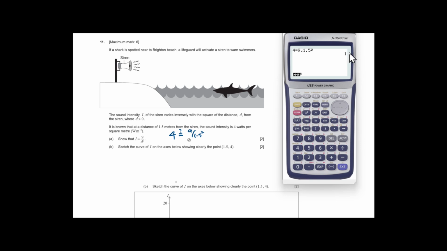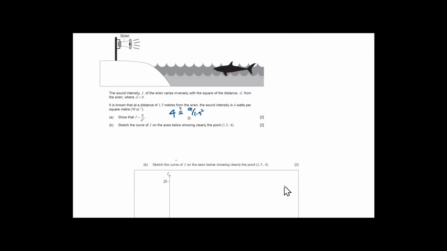If we got an answer of 0, it would mean it's false. So let's try 4.2 equals 9 over 1.5 squared. So we have that, and we want to say, is that true? We get a 0, that means it's false. So I don't know how they want you to prove that, but that's how you would test it on your calculator.